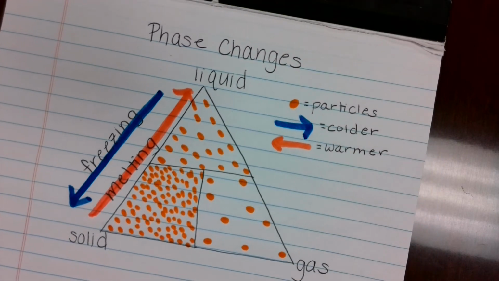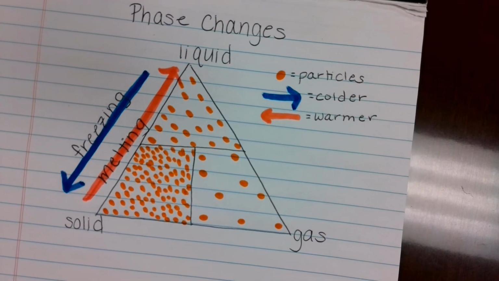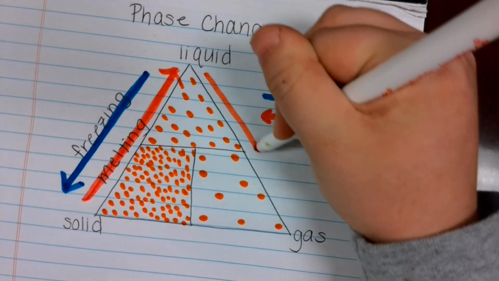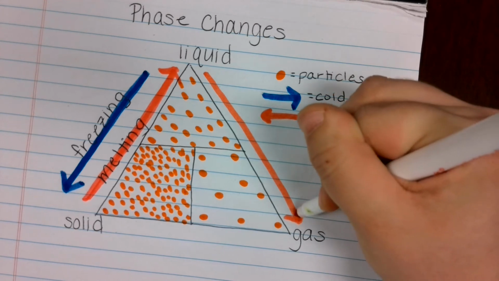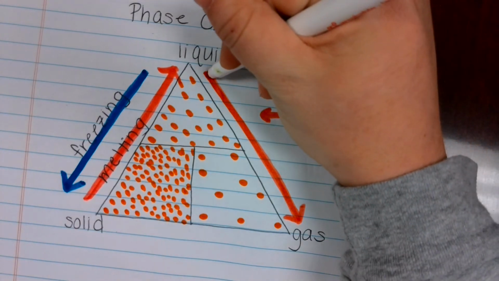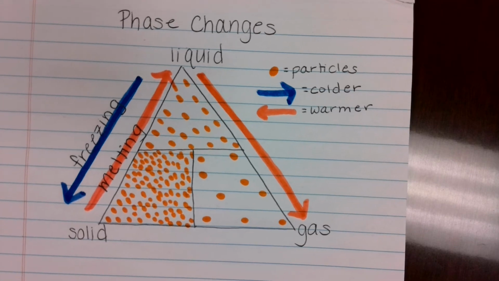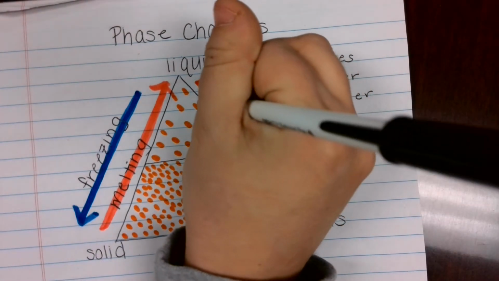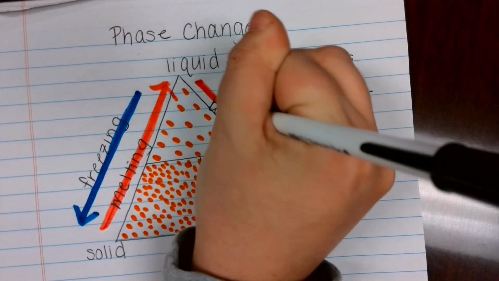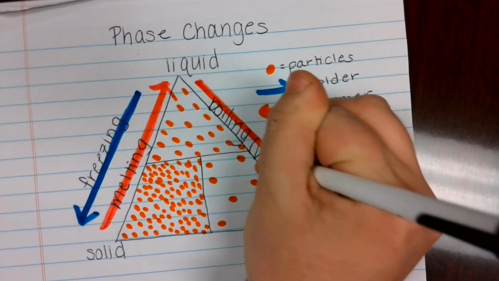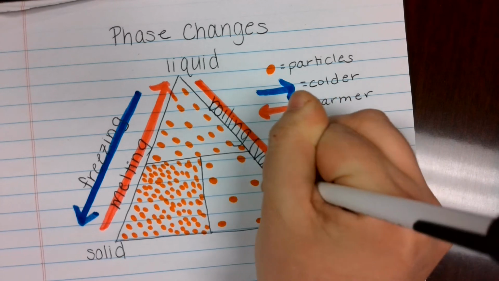Now, you're probably thinking, all right, let's move on. So if we're heating up from a liquid to a gas, you might be thinking of the water cycle where we're evaporating maybe a little bit, but really this is going to be our boiling point, or we can also call it vaporization.